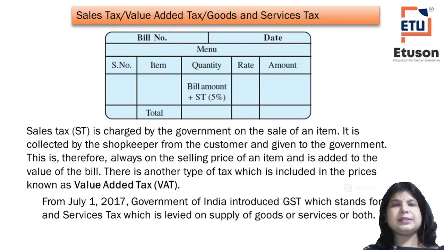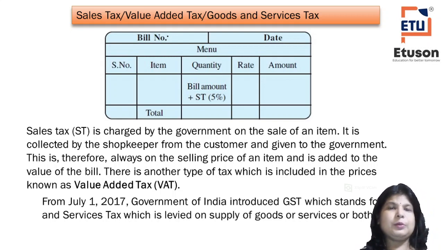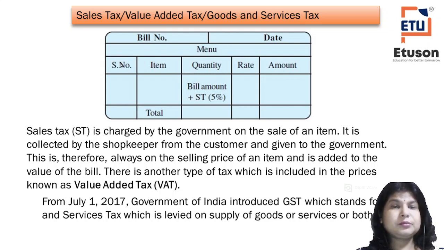As you can see on this page, I have taken one format of a bill which you get whenever you make a purchase, right? So this is the format of the bill. There will be a bill number and the date of purchase, and the menu will have how many items you are purchasing.